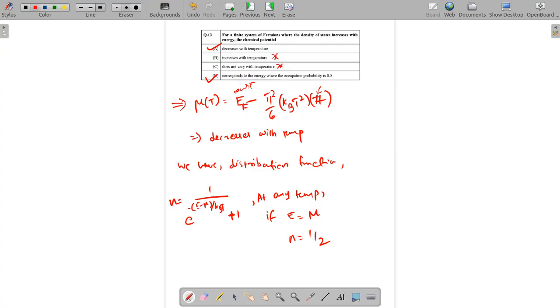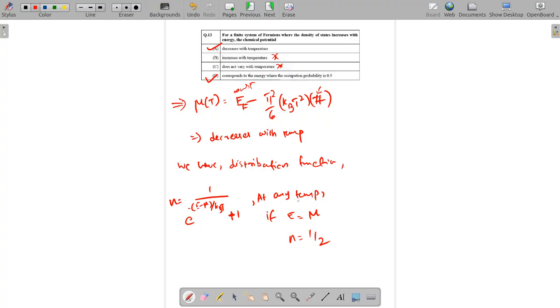There is a variation with temperature corresponding to the energy where, yeah. So now you have the Fermi-Dirac distribution, 1 by e raised to (E minus mu) by k_B T, plus 1, where E is the energy and mu is the chemical potential at that temperature. At any temperature, if you put E equals mu, you will get 1 by e raised to 0 plus 1.